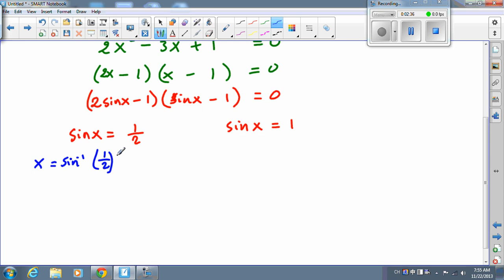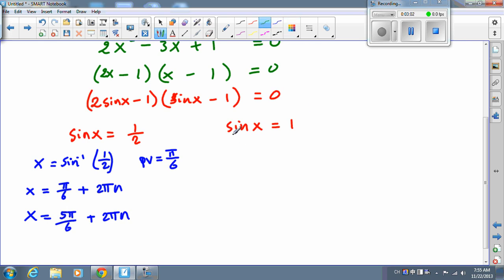It's positive, opposite is 1. So the PV here is, since we're talking about x, pi over 6. PV being pi over 6, I will say x is equal to pi over 6 plus 2 pi n, or x is equal to pi minus pi over 6, which is 5 pi over 6 plus 2 pi n.